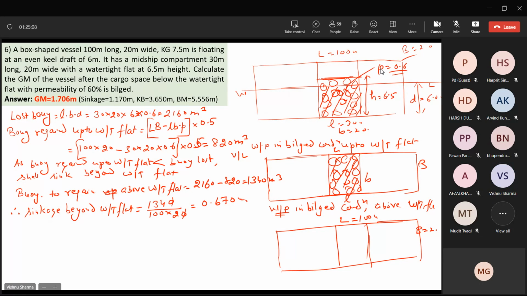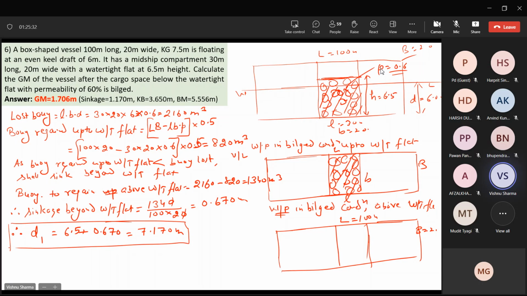Okay. Therefore, instead of total sinkage, you can find D1, no problem. Therefore, D1 will be equal to 6.5 plus 0.67 equal to 7.170 meters.